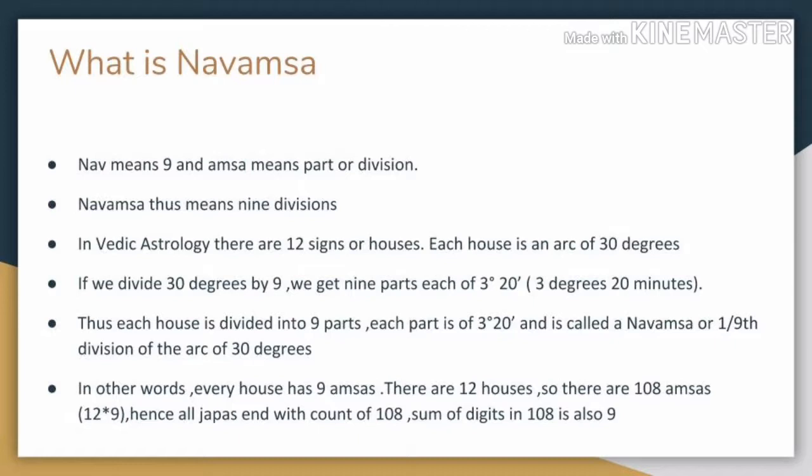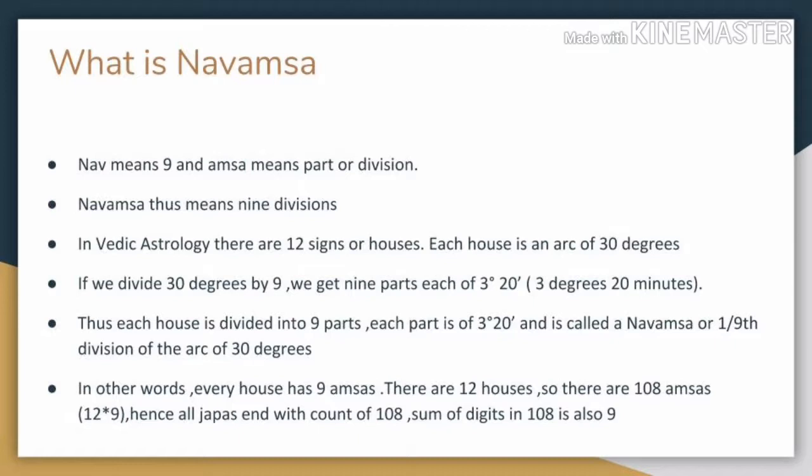Now in Vedic astrology there are 12 signs or houses, and we know each house is an arc of 30 degrees. So when you are doing the Navamsa Kundali, you divide every house into 9 equal parts. There are 12 houses and you are dividing each house into 9 equal parts, so you will get 108 parts in total, right?